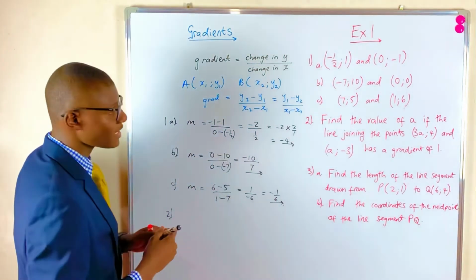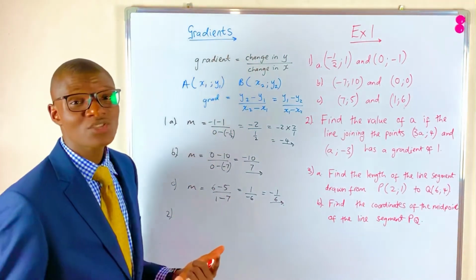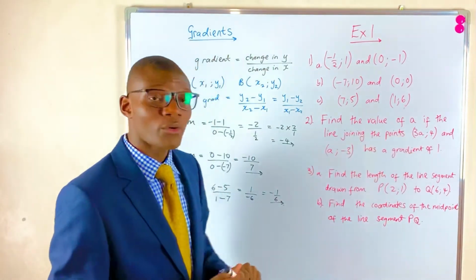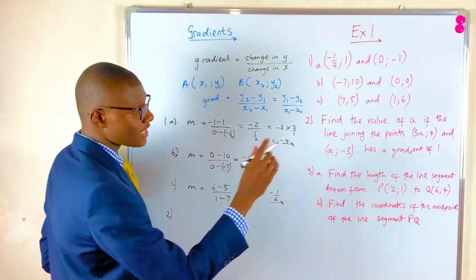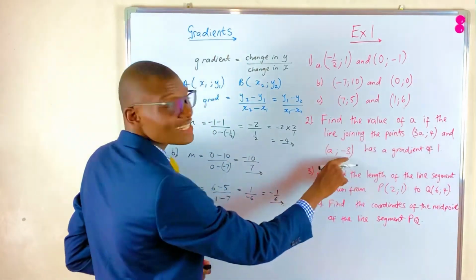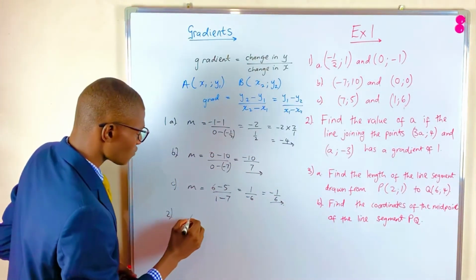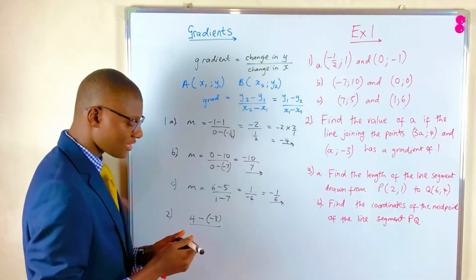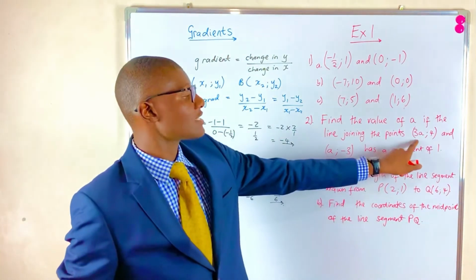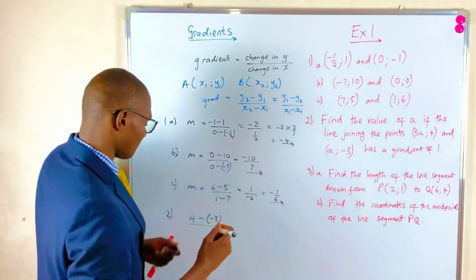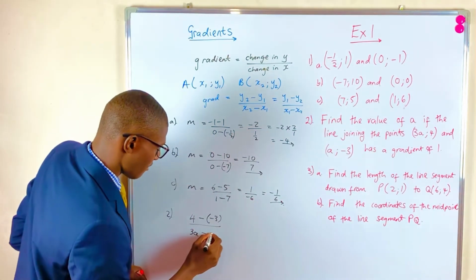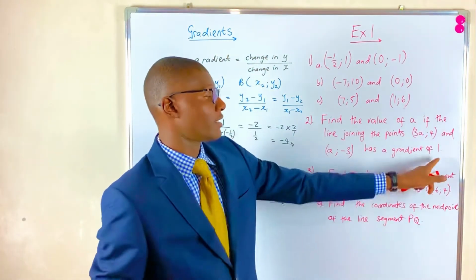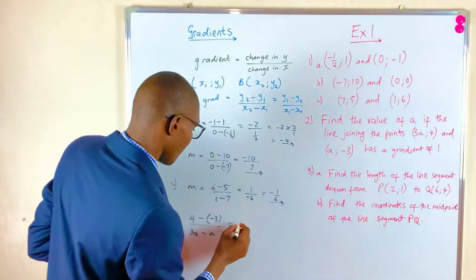For which we say the gradient m is given by the change in y over the change in x. So for the line joining these 2 points, the change in y shall be 4 minus 3, over the change in x, which is 3a minus a. And this should be equal to the gradient, 1, like it says there.